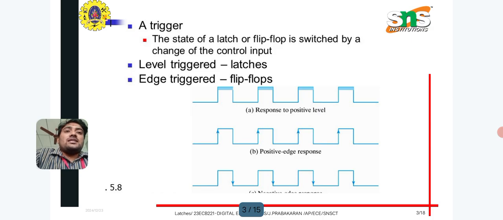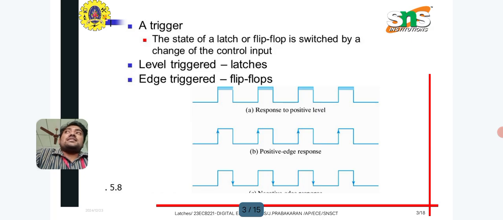That's why it is asynchronous in nature. And another one is continuous sensitivity. A latch monitors the input continuously when the enable signal is active. This continuous sensitivity to input changes defines its level triggered behavior. Any change in the input while the enable is active immediately affects the output.